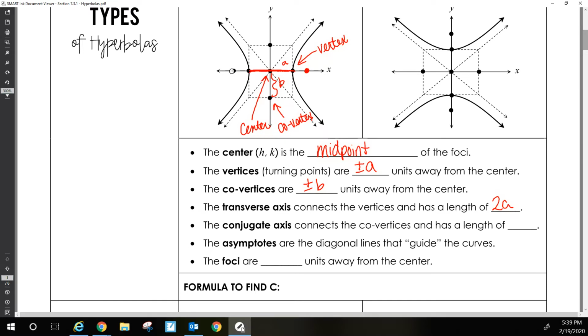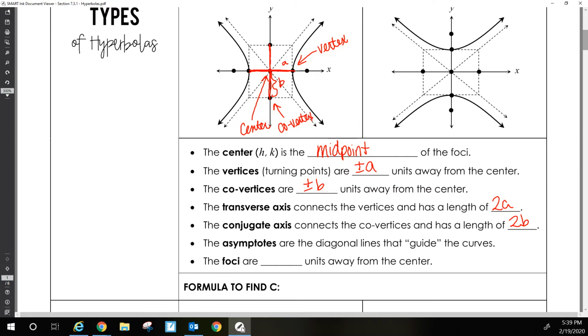So not all the way out to the focus, just from vertex to vertex. That's my transverse axis. And then we have a conjugate axis, and it connects the co-vertices and has a length of 2b. So b plus b gives a length of 2b, my conjugate axis.